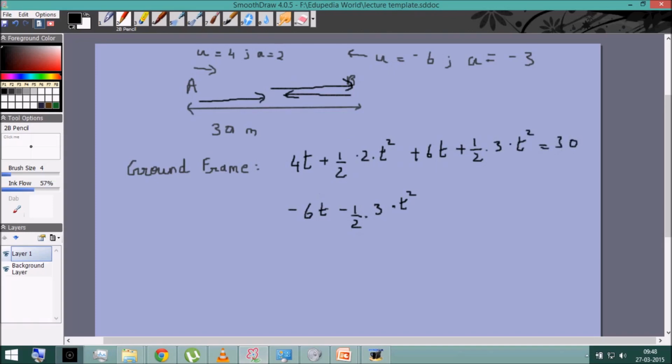So this gives me 10t plus half into 5 into t square is equal to 30.